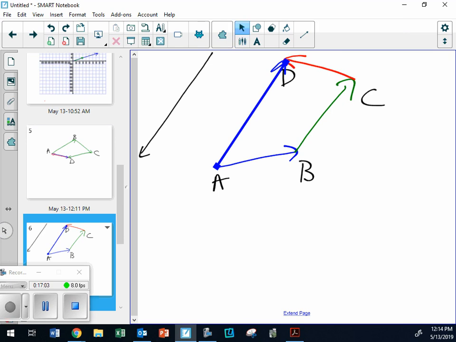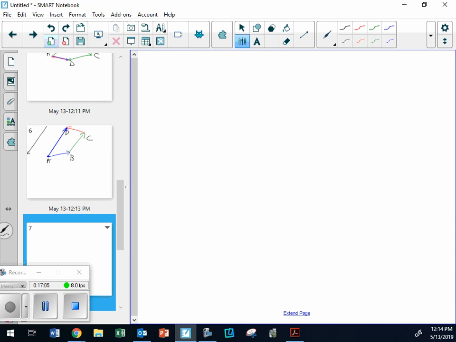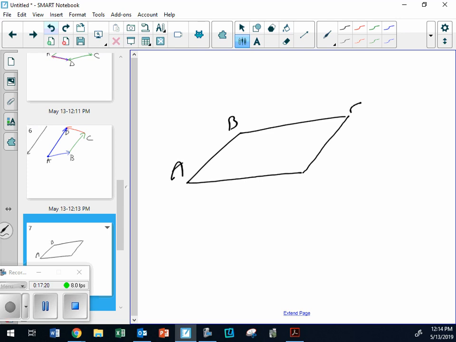Okay. One more thing that freaks people out with these kind of drawings. Let's say I had this, nope, that's not the right drawing. That was a trapezoid. What I want is a parallelogram. A, B, C, D. BC is the same exact vector as AD is.